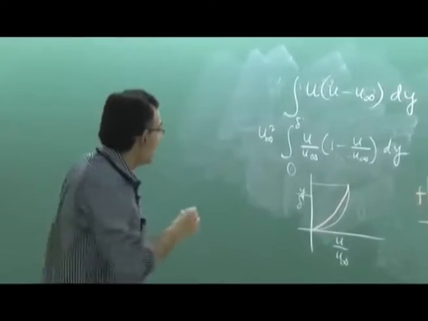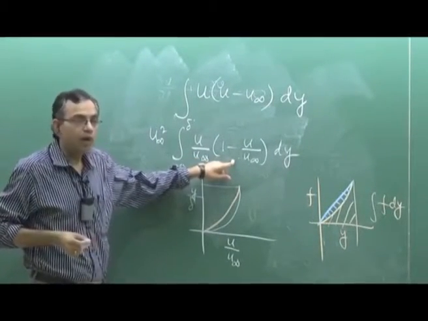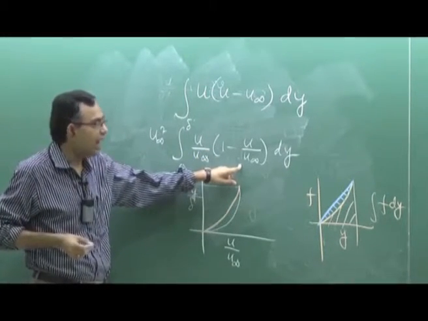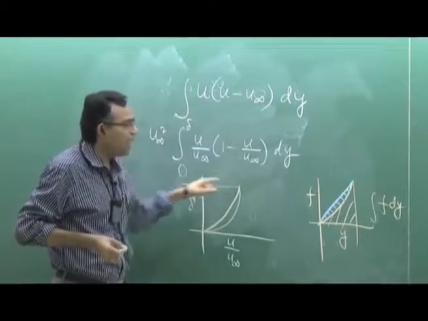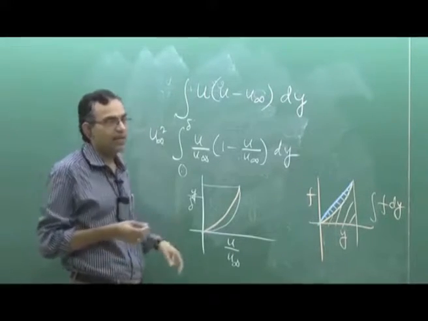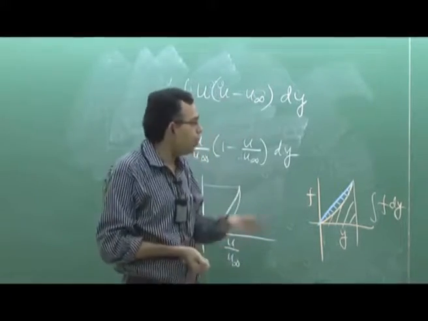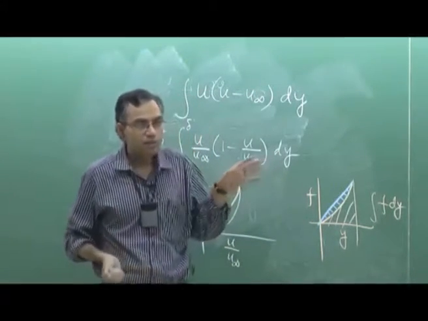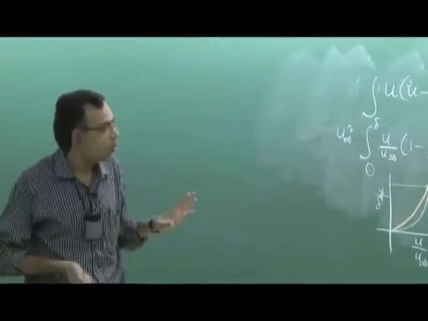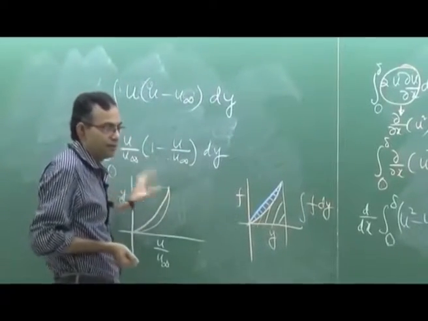So the net effect is that even if you make some very poor approximation in u by u infinity as a function of y by delta, the net effect of that in calculating this integral is not that severe. So with that understanding, you can actually use any approximate velocity profile, but with the satisfaction of the proper boundary conditions you have to do that, so that you are able to calculate this parameter.